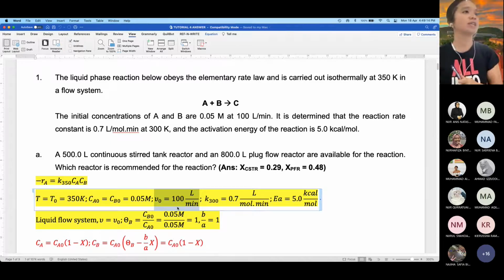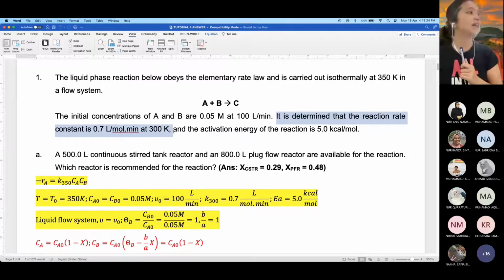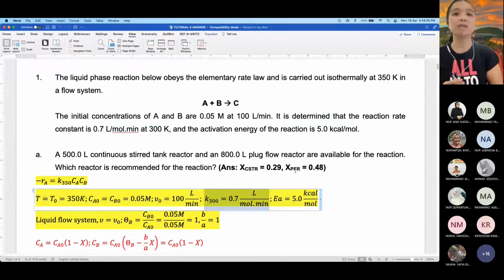Okay, done. It also says the reaction rate constant is determined to be 0.7 liter per mole minute at 300 Kelvin. So they do give us the k. However, the k of 0.7 is at 300 Kelvin. Although they give us the value of k, this k is at 300 Kelvin.